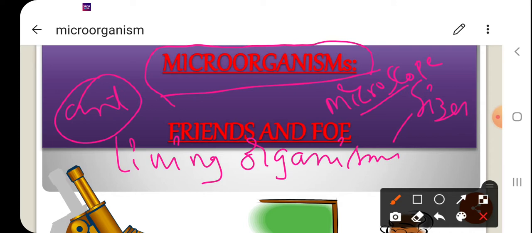Such organisms, which are very minute in size and need a microscope to be seen, are called microorganisms. Micro means small. These are not just small, they are very small, so you definitely have to use a microscope to observe them.